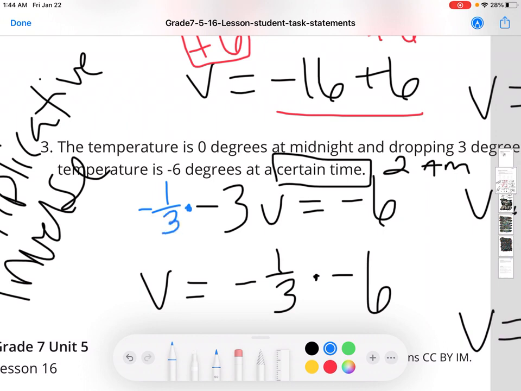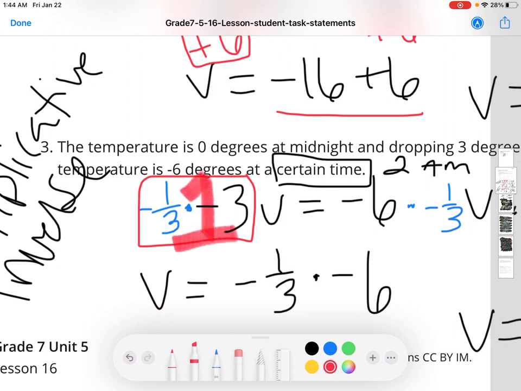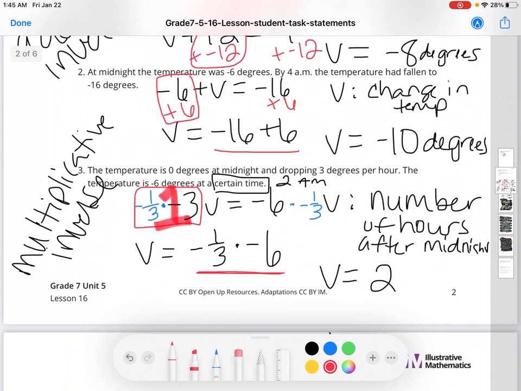And I must do that to both sides. So this -1/3 times -3 equals 1. And 1 times V is V. So then -6 times -1/3, which is what this is, and order does not matter with multiplication.